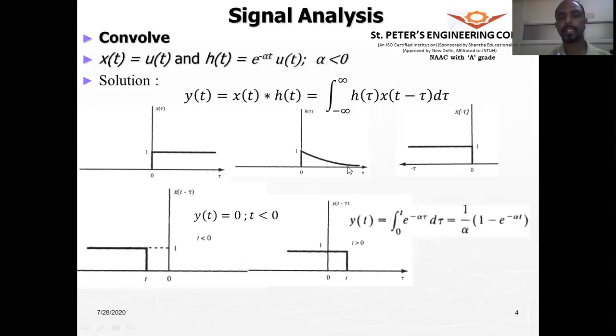Even if t comes here, here, or here, or even if it goes near infinity, the signal will be partial overlap only. So here we say y of t is equal to 0 when t is less than 0; in this region it is no overlap, and when t is greater than 0, it is partial overlap.